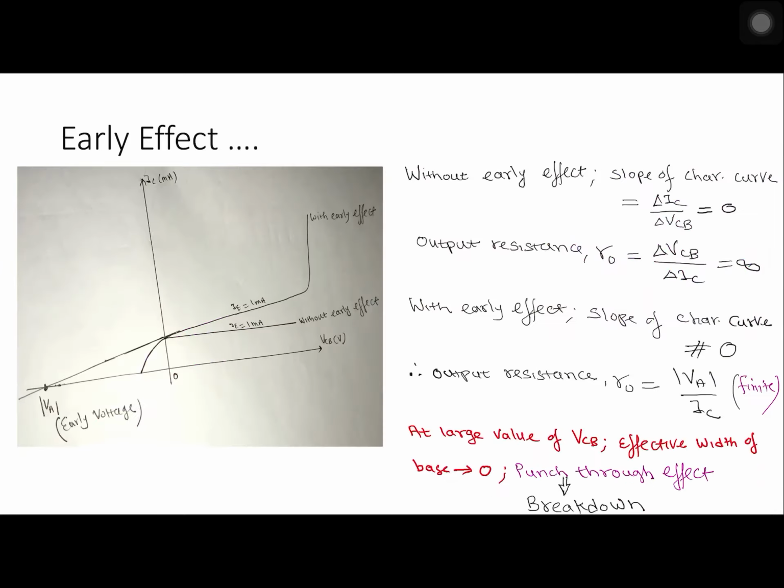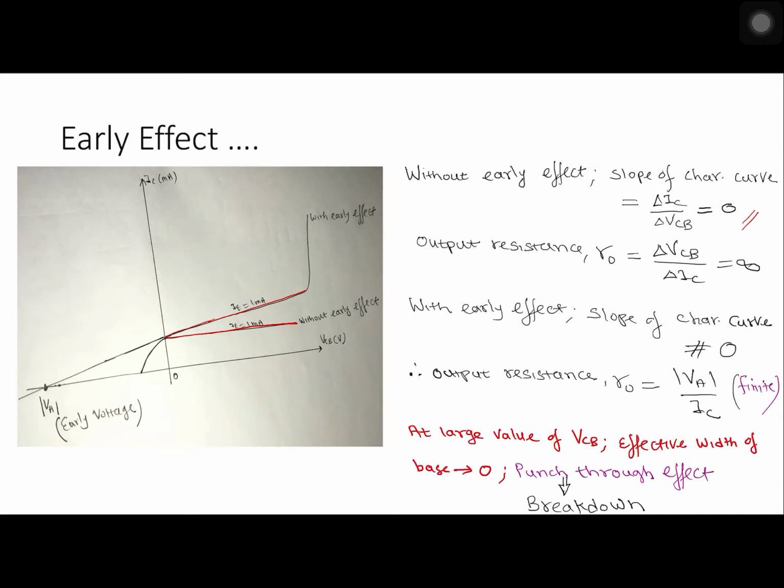Now, due to early effect, here you can see without early effect it's a straight line like this, and with early effect it's a gradually increasing curve. So without early effect, the slope of the characteristic was 0. Zero slope implies infinite output resistance or output dynamic resistance.